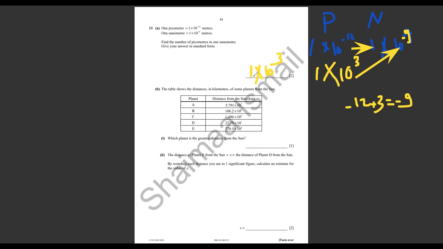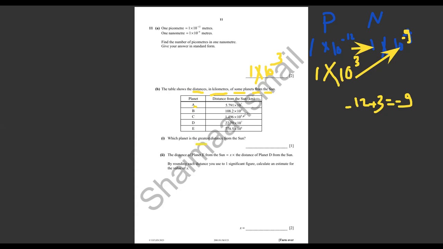Okay, the table shows the distance in km of some planets from the sun. The distance of planet A is 5.791 times 10 to the power 7. Which planet has the greatest distance?